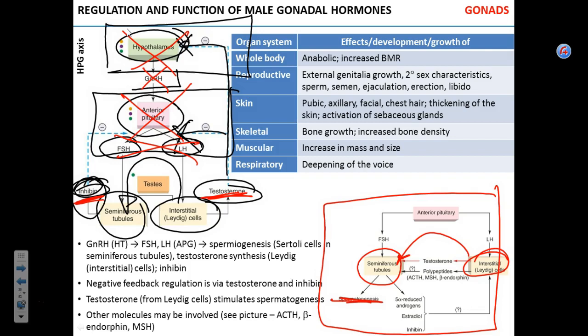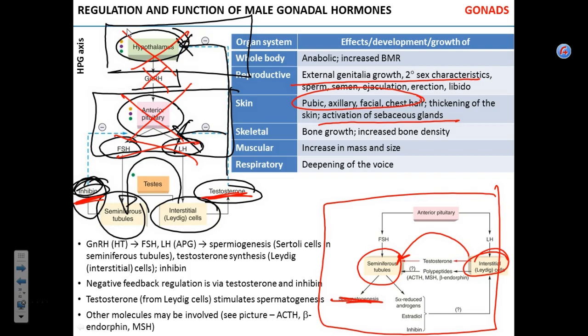Testosterone goes up, and that increase in testosterone leads to development of external genitalia, development of the hair, armpits, groin area. Skin becomes more oily due to the sebaceous gland activation. Bones are going to grow. That's the puberty growth spurt.